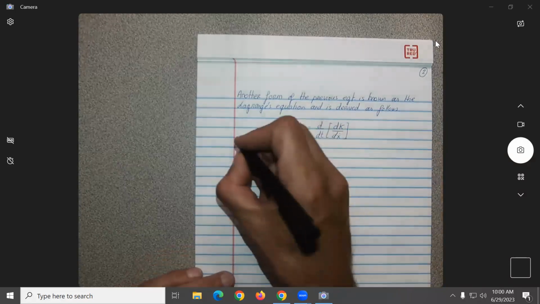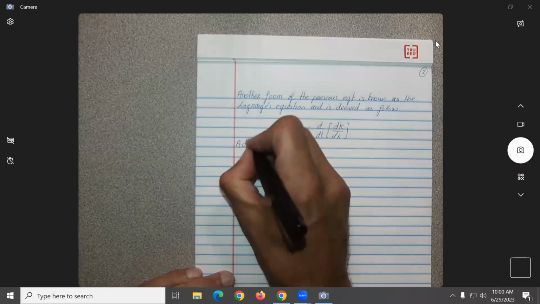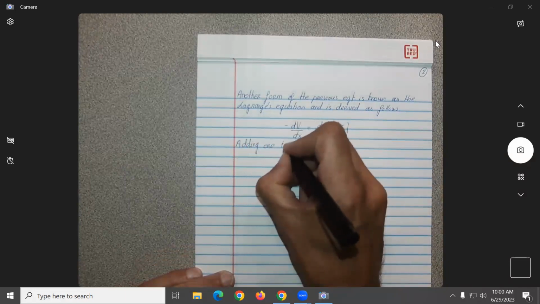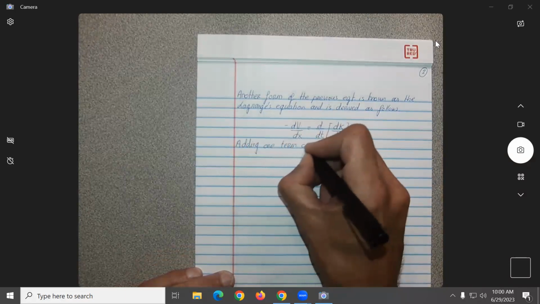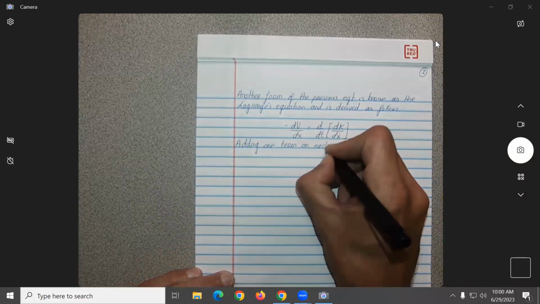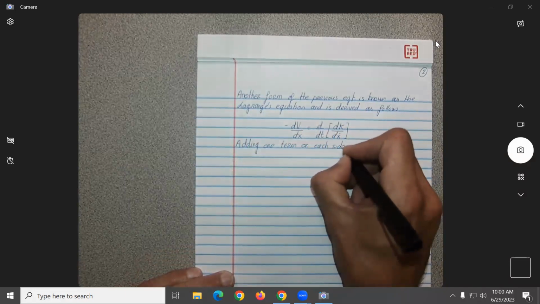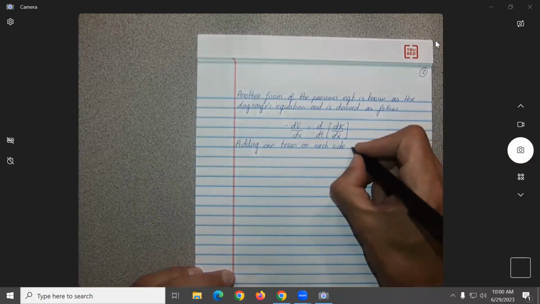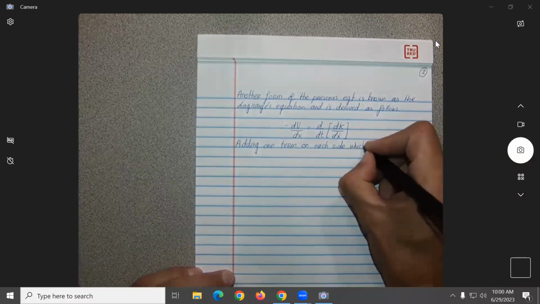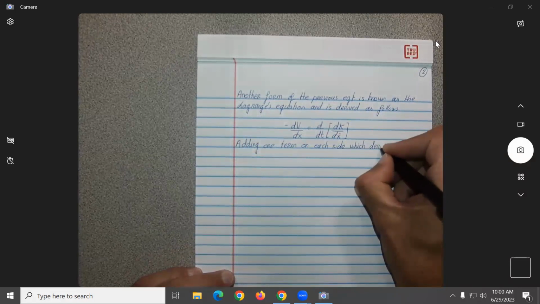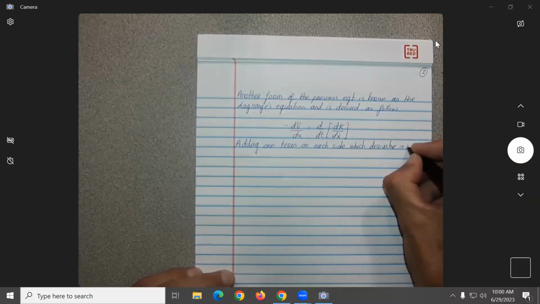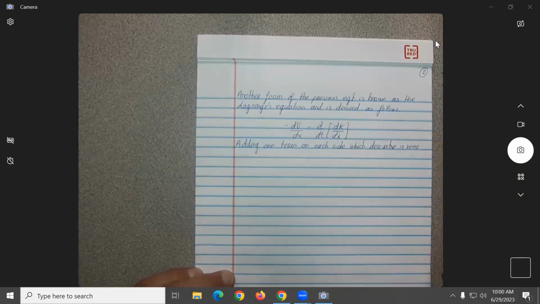So what he says is that adding one term on each side, whose derivative is 0, should not change the equation, no?